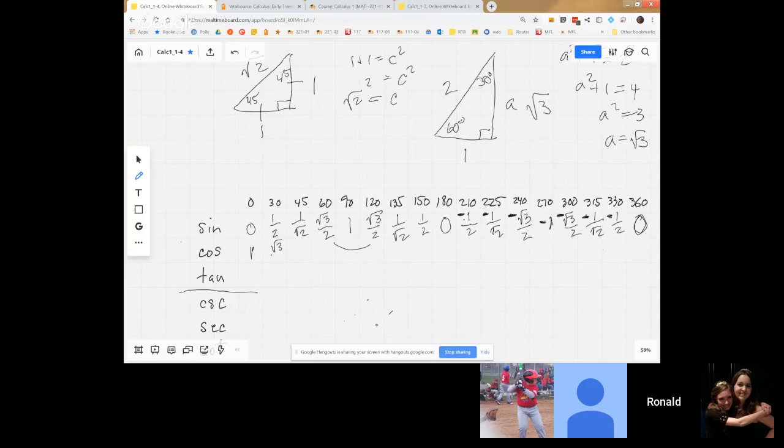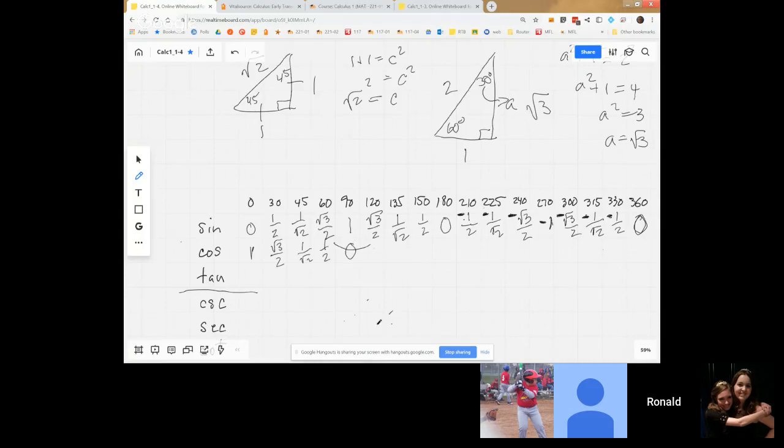You look at the triangle right up here on the right, up above, these 30, 60, 90, the leg adjacent to the 30-degree angle is that square root of 3 over 2. 45, cosine is 1 over the square root of 2. 60 degrees, cosine, 1/2. And 90 degrees, cosine has shrunk down to 0.